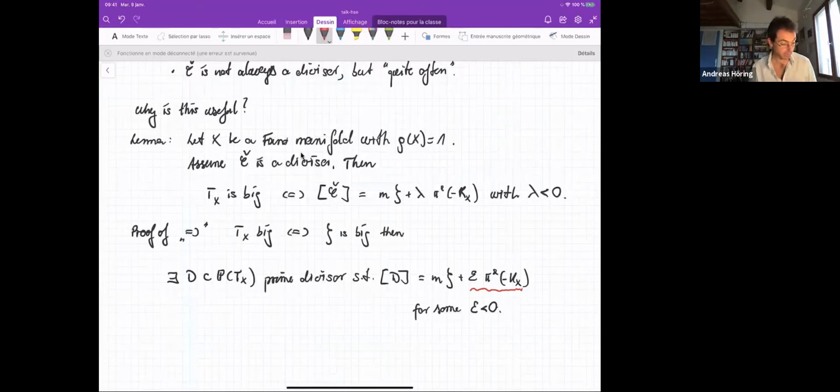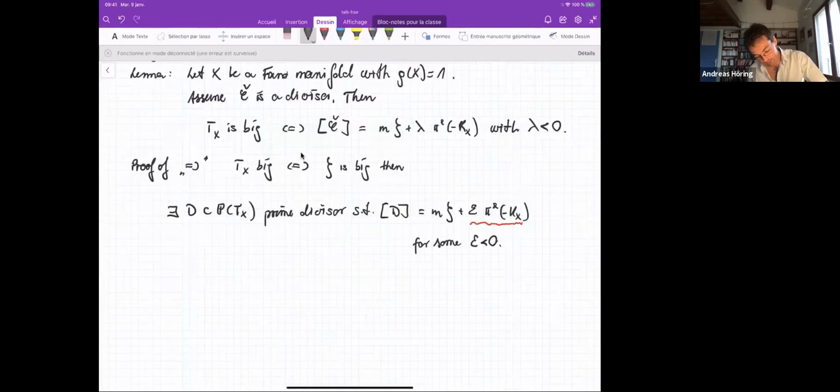So now that you have this divisor D, you want to understand it. And you can understand it by looking at minimal sections. So if L tilde in P(Tx) is a minimal section, we want to compute some intersection numbers.